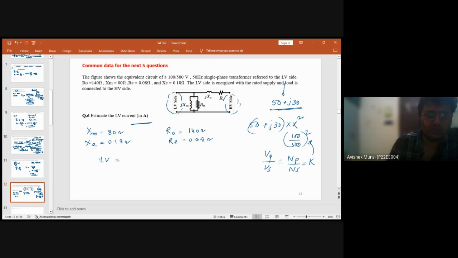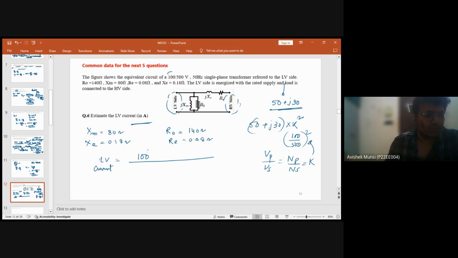So the current will be the voltage at the primary side, since we are referring the LV side as primary. The voltage at the LV side is 100, right? So it is 100 by the total impedance.